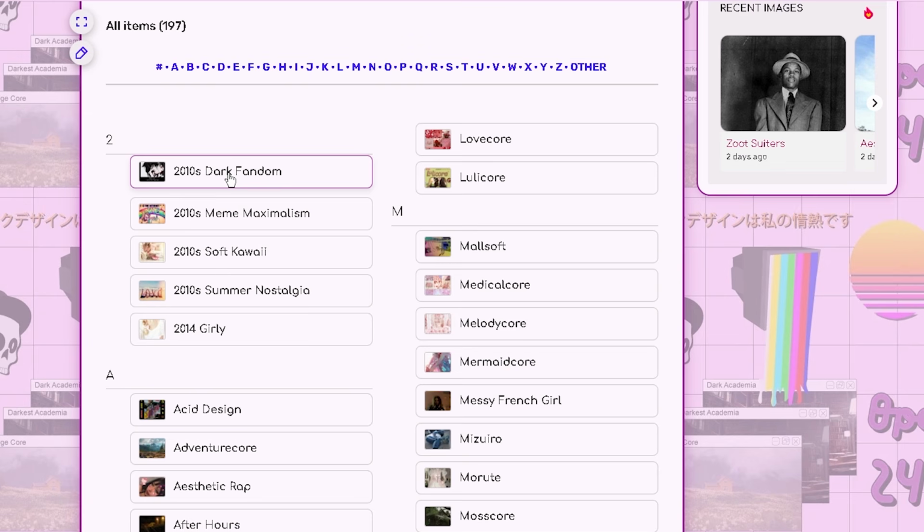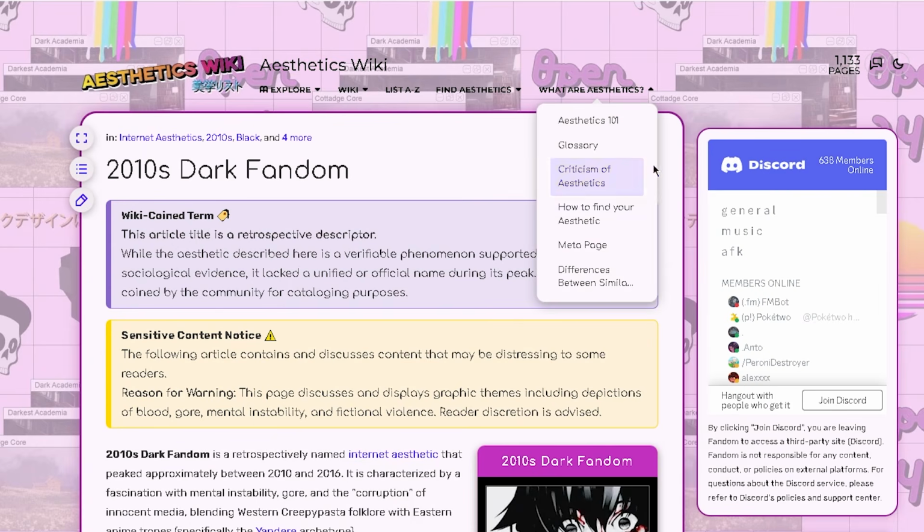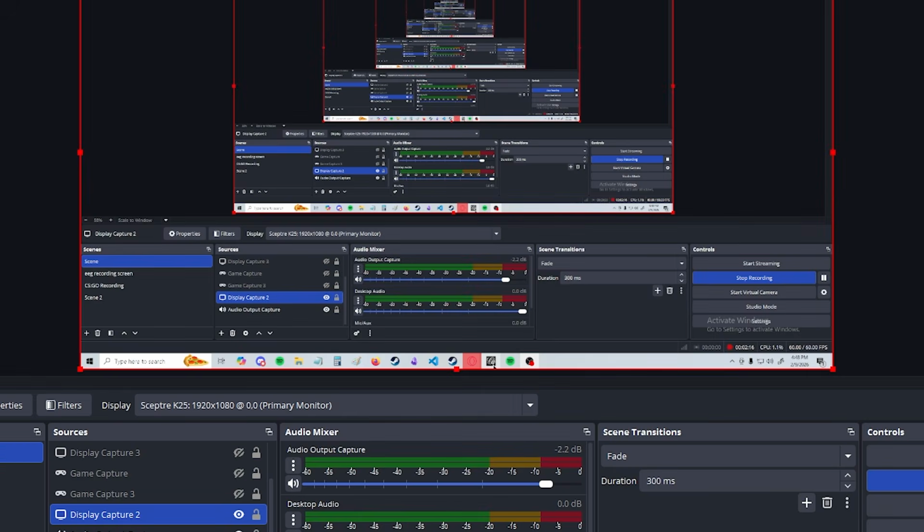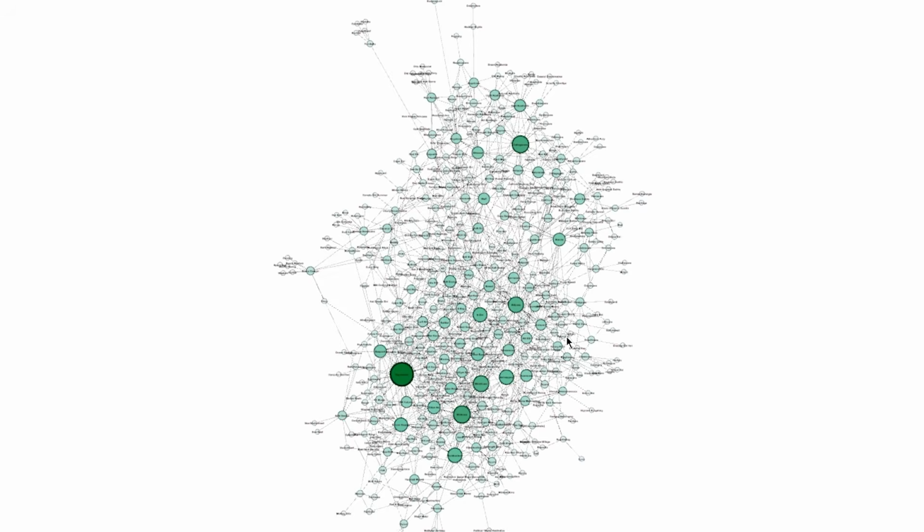I would go to the aesthetic I'm trying to map out the nodes for, go to the connections, and add all of the connections as edges. After doing that across all 197 articles, what you essentially get, here we go, is this.